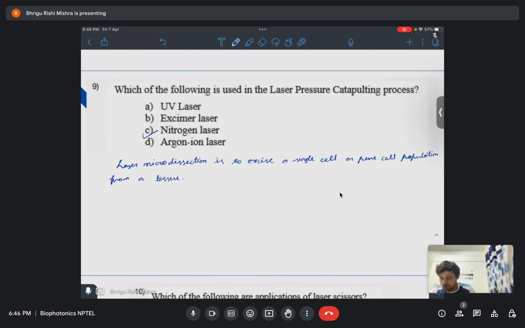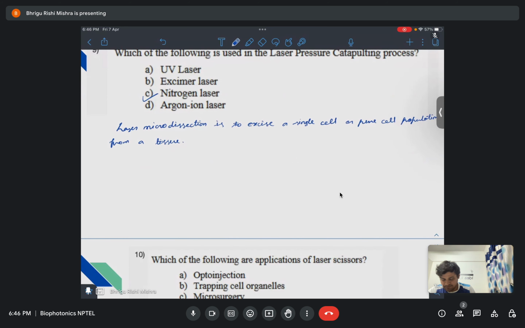Okay, so now let's discuss the laser pressure catapulting process. So in the first step, nitrogen laser beam is used for microdissection.